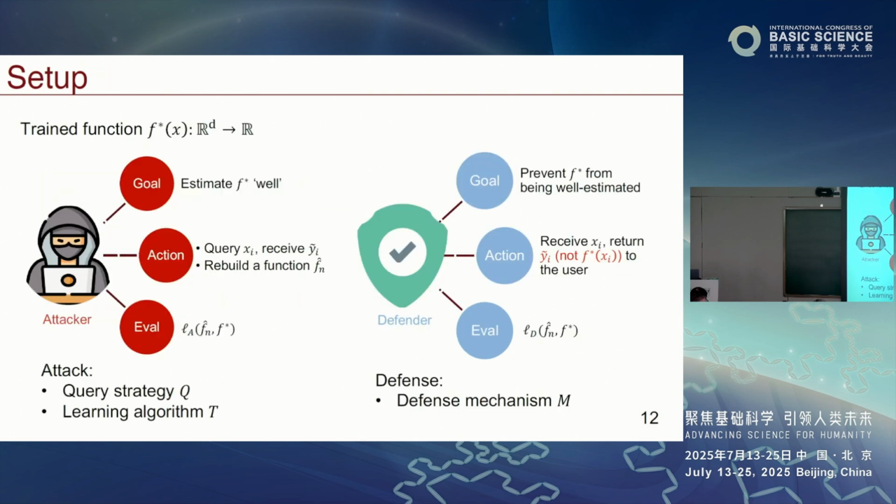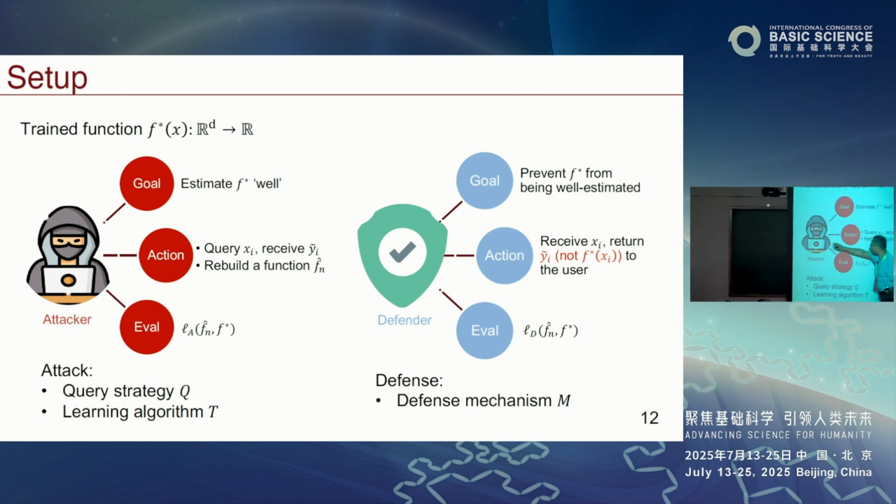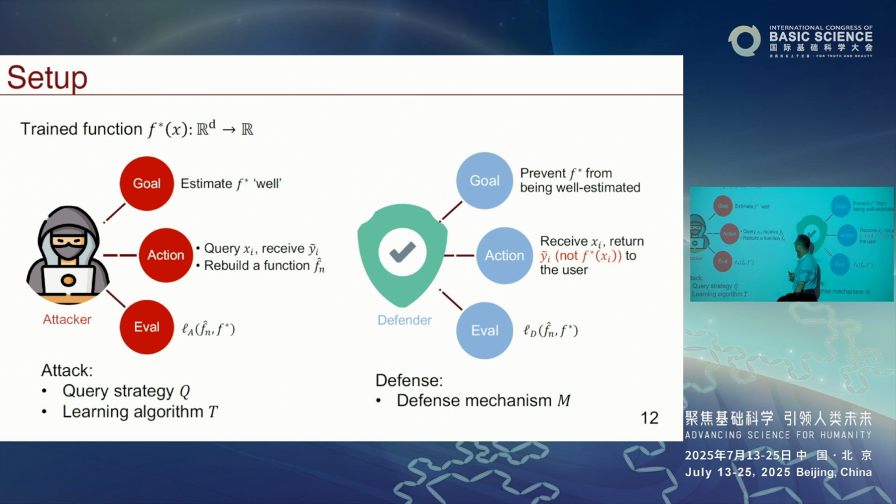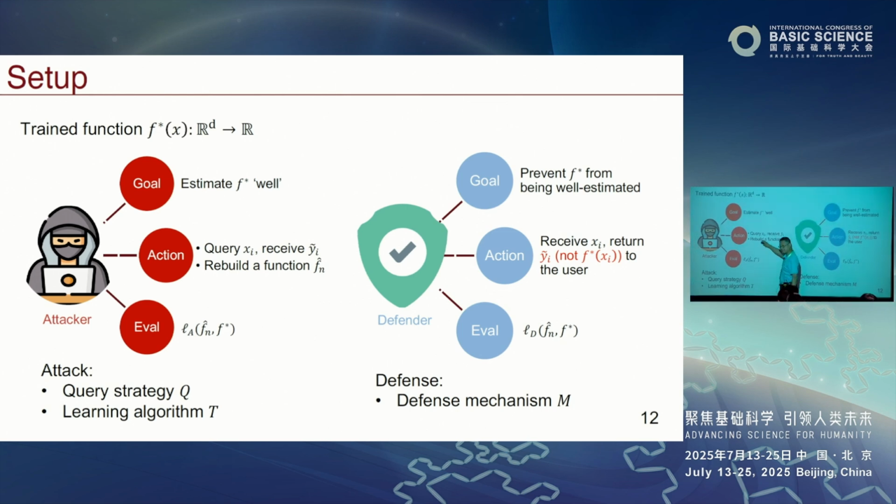Let's set this up a little more carefully. On one hand, there is the attacker. His goal is to estimate f star. f star is the regression function or classification function we want to protect. We have already learned it through huge effort. The attacker tries to get f star as close as possible, and the actions are of two types.